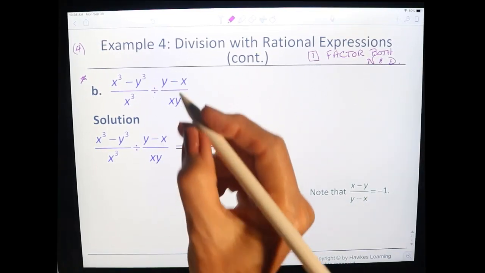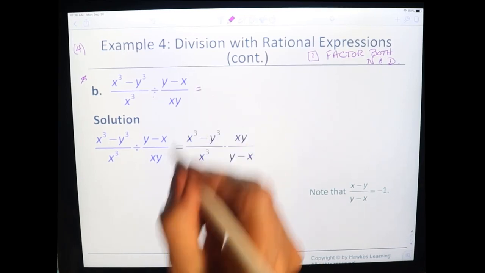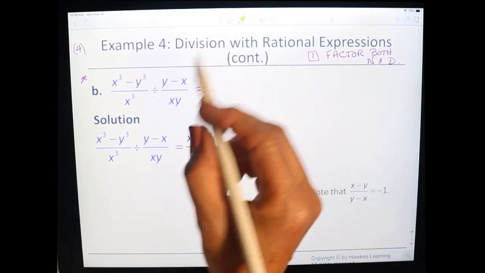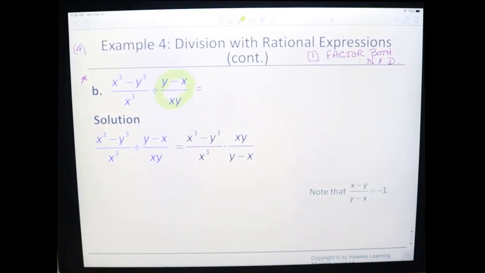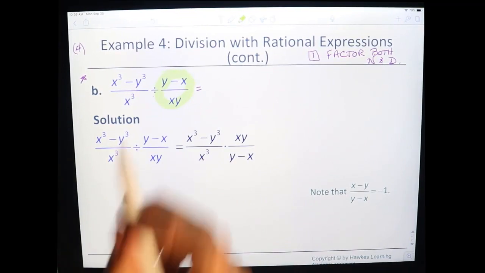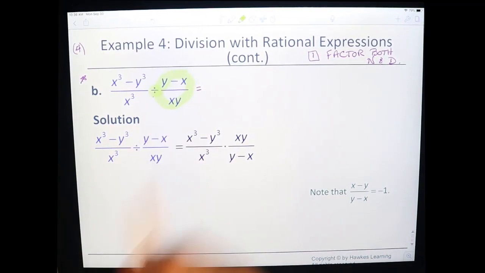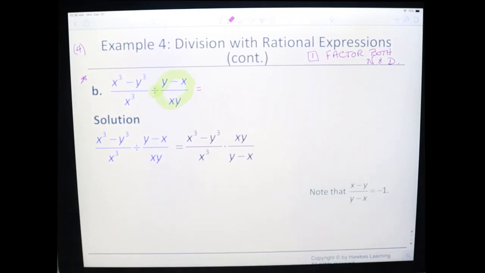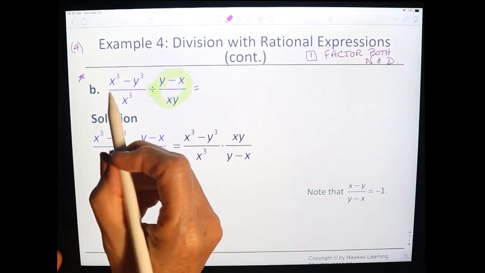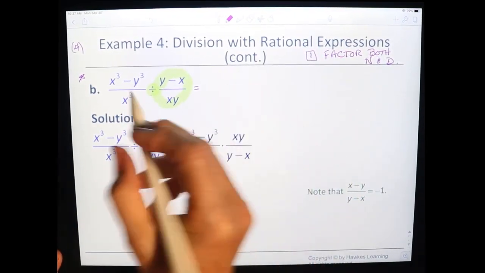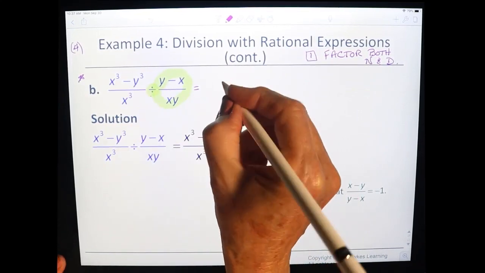I'm going to do a couple of things all at the same time. I'm going to start factoring, and then I'm going to remember that I've got to get the reciprocal of this second fraction. So you'll see me changing this operation to a times operation and getting the reciprocal or the multiplicative inverse. So let me factor x cubed minus y cubed.